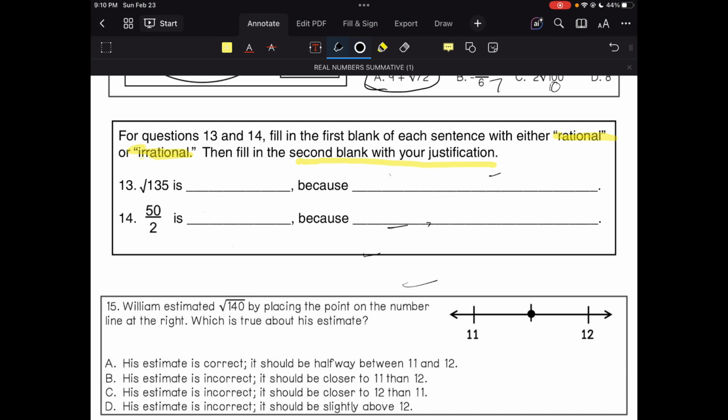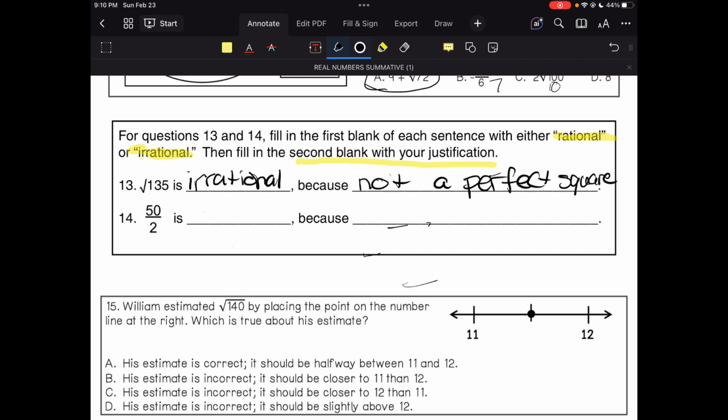So the square root of 135 is irrational, and that is because it is not a perfect square. It would have to be written as a perfect square or a fraction to be a rational number.